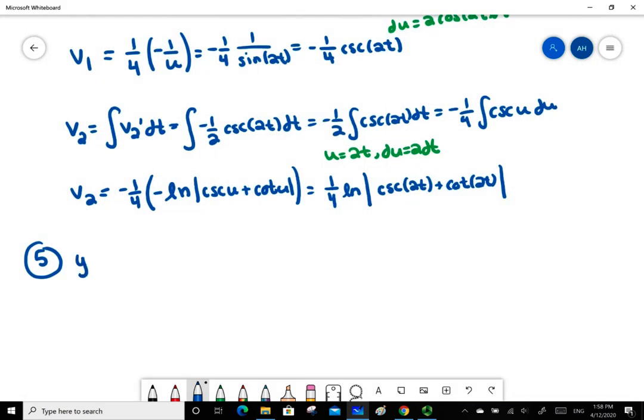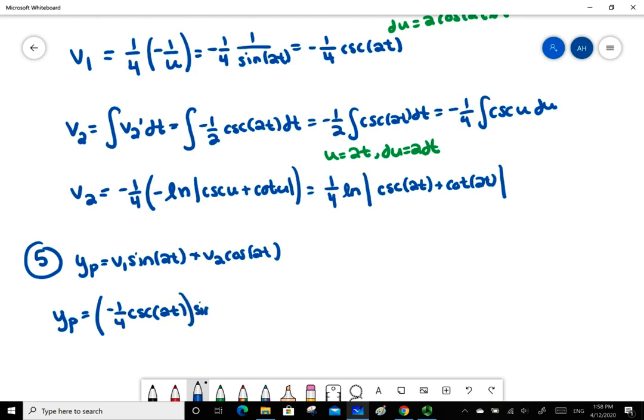Finally, since yp is v1 sin(2t) + v2 cos(2t), yp = -1/4 csc(2t) times sin(2t) + 1/4 ln|csc(2t) + cot(2t)| times cos(2t).